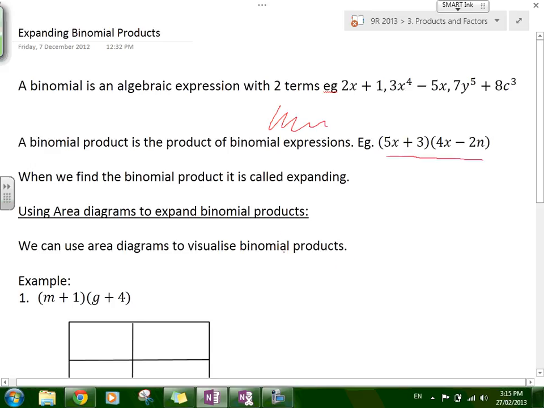Once you finish writing, we're going to do these two examples and then I'll show you what I'm talking about. Have you finished writing yet?